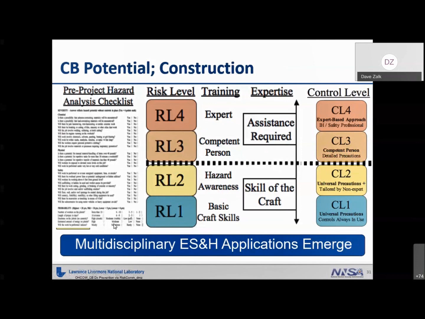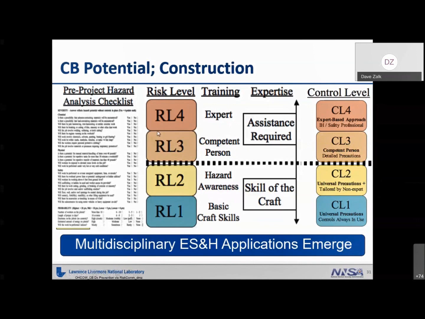And you can do this as a multidisciplinary application. Now, the outcome here is different because you're designing a product, and really what you're looking for is what training is necessary at that project to make sure that the hazards are controlled. And if you're at an expert level, let's say you have done the PJHA, the pre-job hazard analysis checklist, and you come out at a risk level 4, but you don't have an expert available to cover that project, you only have a competent person.